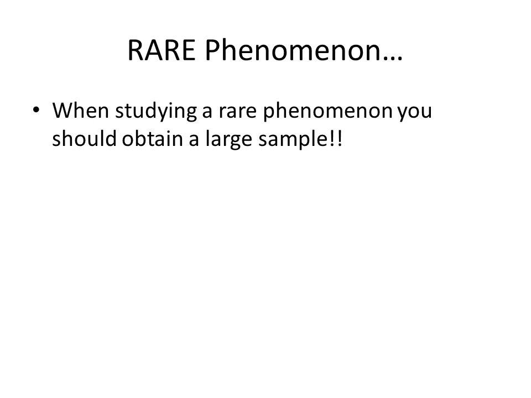Now, when studying a rare phenomenon, you actually should obtain a large sample. So this is another principle in determining sample size. When studying a rare phenomenon, you should use a large sample. In fact, large samples are usually required.